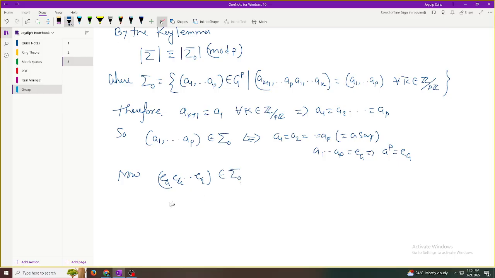You can see that. Therefore the cardinal number of sigma 0 is not equal to 0.